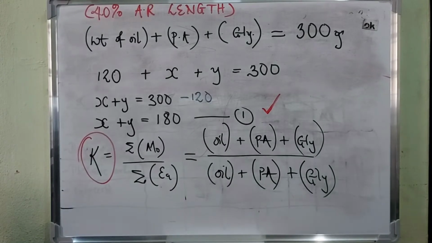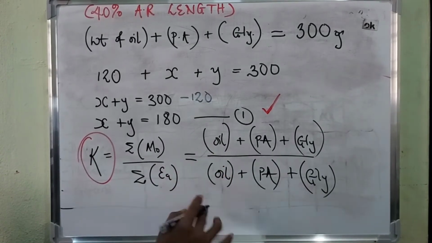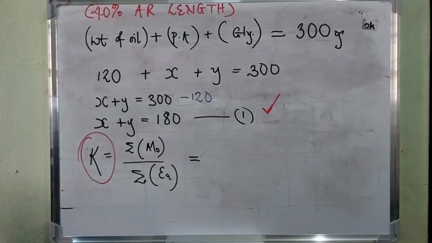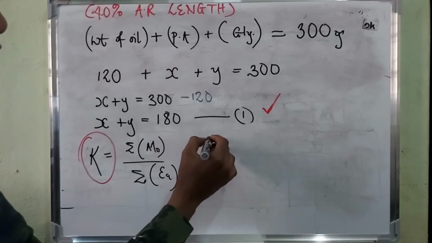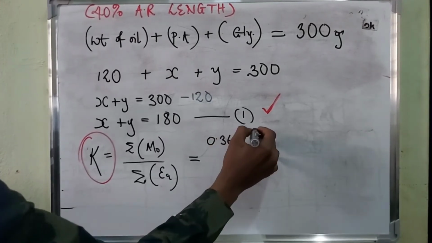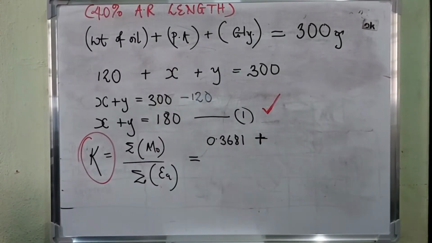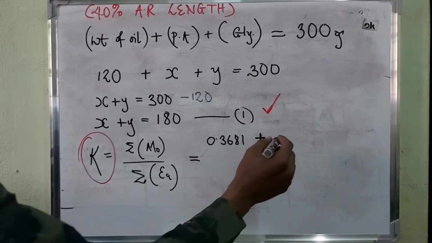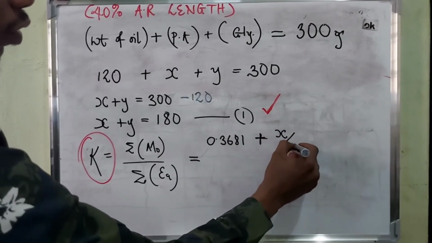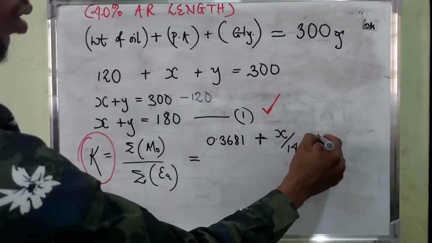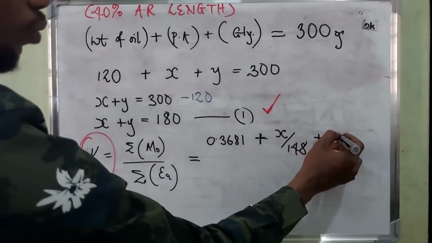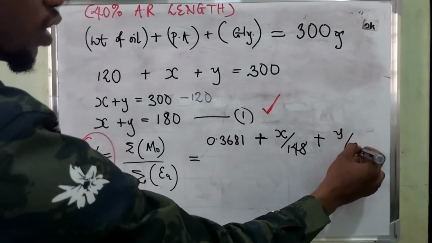Okay, so we have, I'm going to wipe this off, of the oil from the table that we've actually derived is 0.3681 plus that of the anhydride. We got it to be X over 148 if you refer to that table, X over 148. Now plus that of the glycerol, also refer to that table, you would see we got Y over 92.